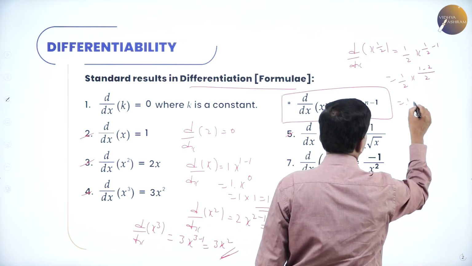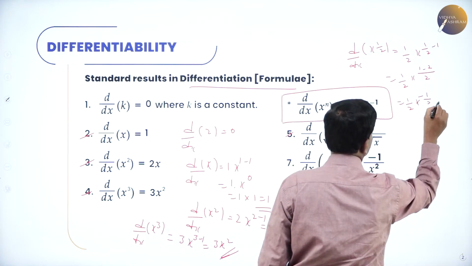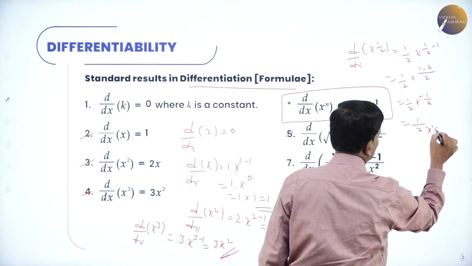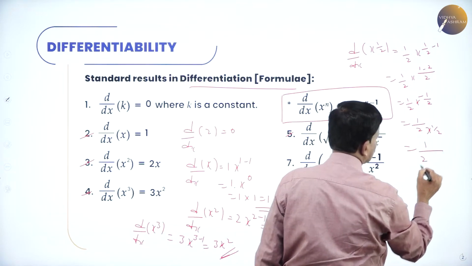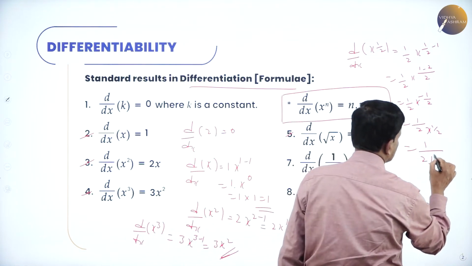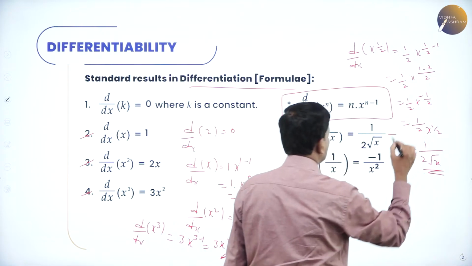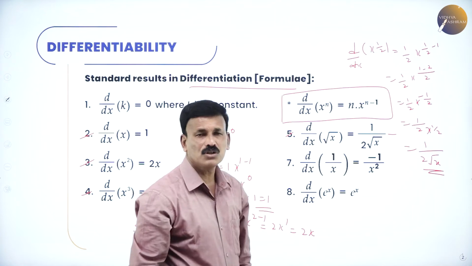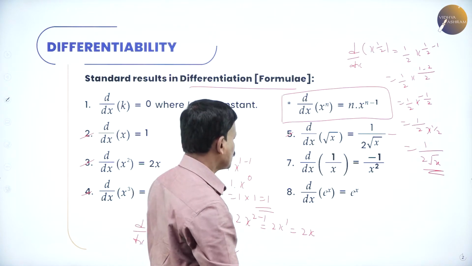So this is equal to half x raised to minus half. Bring this x raised to minus half to the denominator, this is plus half. So 1 over 2 into x raised to half can be written as root x. Therefore derivative of root x is 1 over 2 root x.